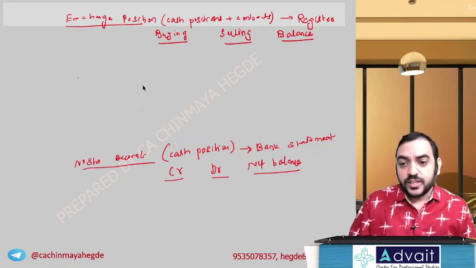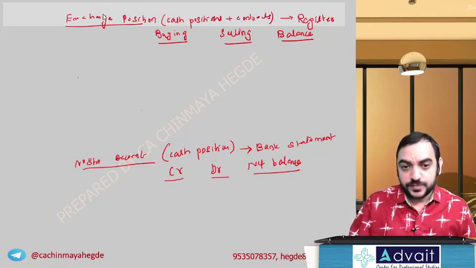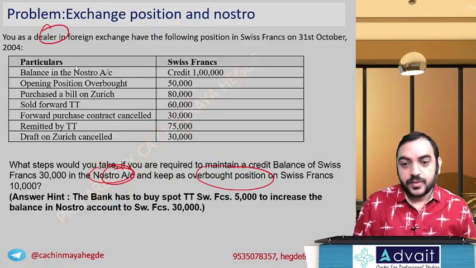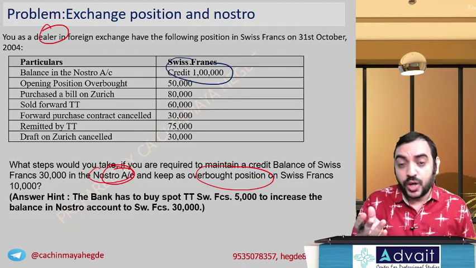Okay, now they said balance in nostro account, credit balance 1 lakh. Hope you understand how a bank statement looks, hope you have seen some bank statements or passbooks.